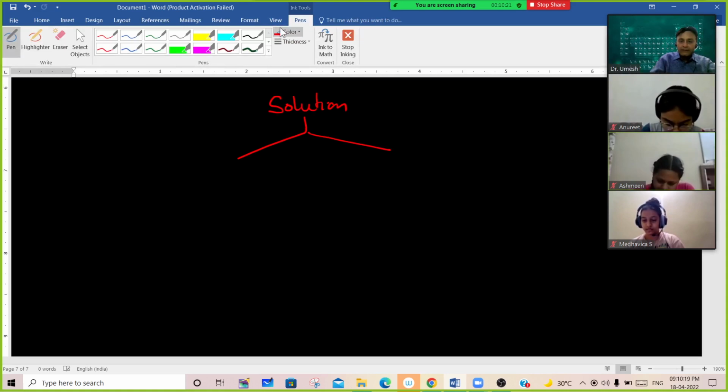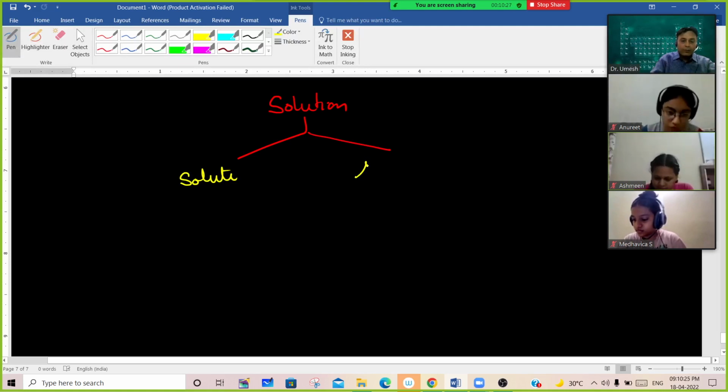So the solution has two components. One component is solute, the other component is solvent.